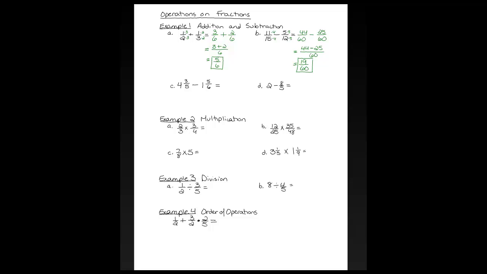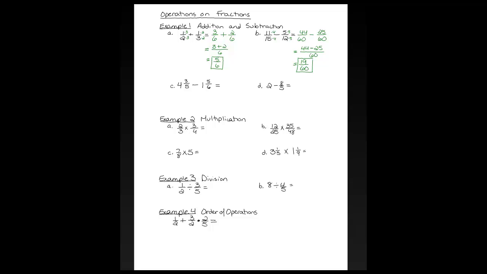Now we're going to do the same thing for part C and D here, but for part C we have mixed numbers. Now whenever we're working with mixed numbers, whether we are adding, subtracting, or later multiplying and dividing, our first step has to be to rewrite the mixed numbers as improper fractions.